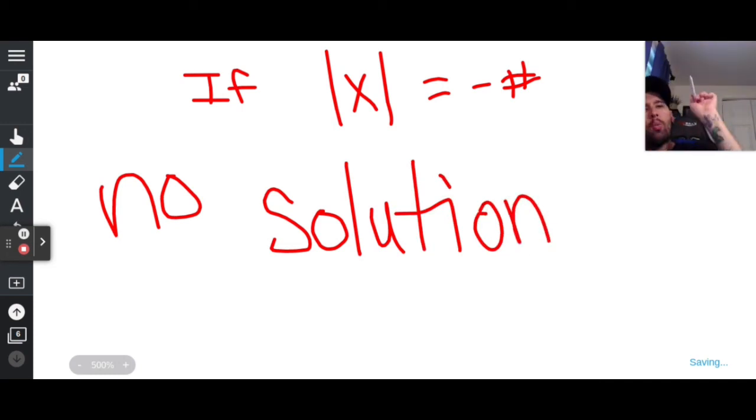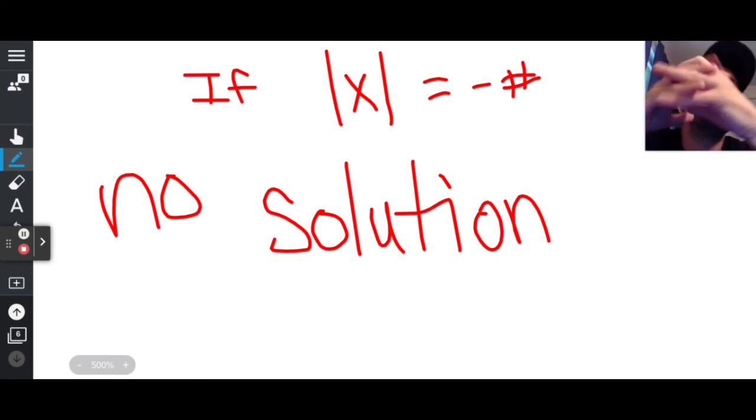Because no matter what number I choose, the absolute value of it will be positive. That's it. So, pretty tricky stuff.